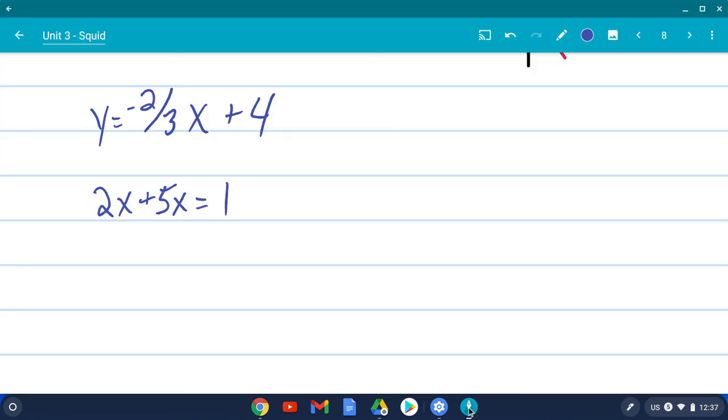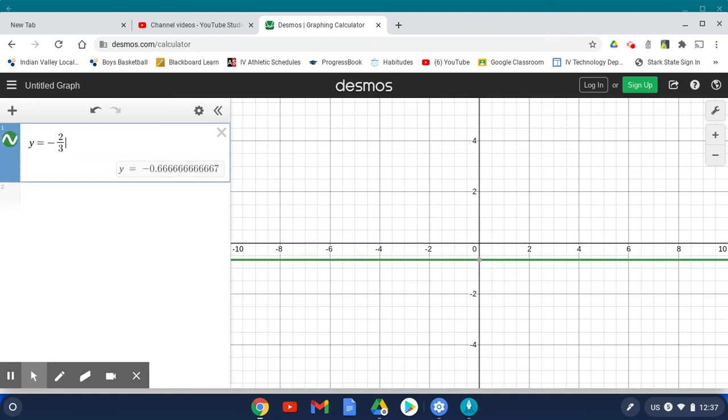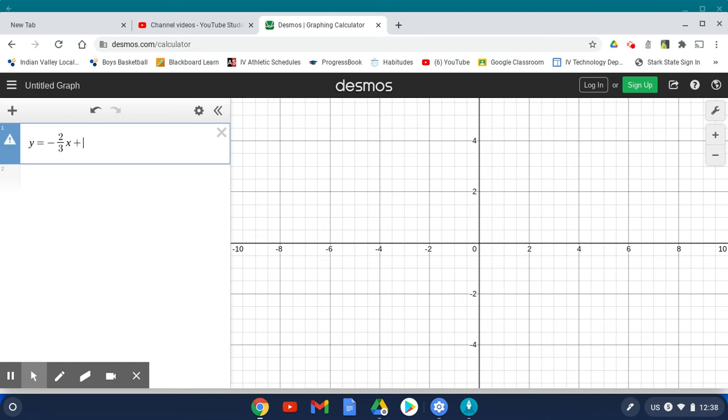So the first equation is y equals -2/3 x plus 4. All I have to do is type it in, and it graphs it for me.